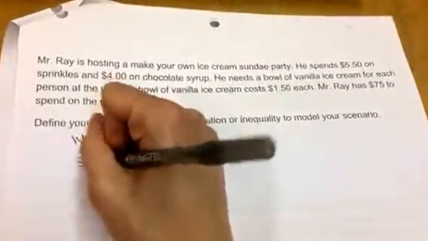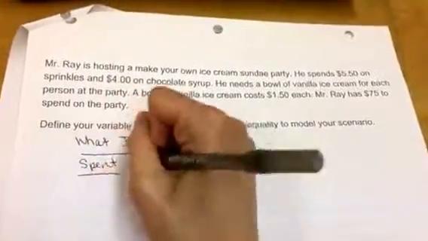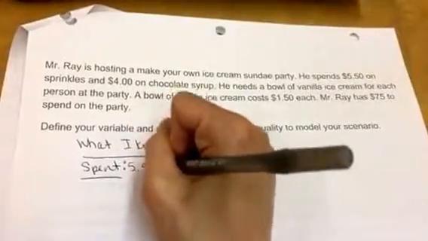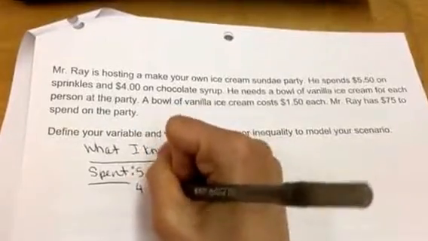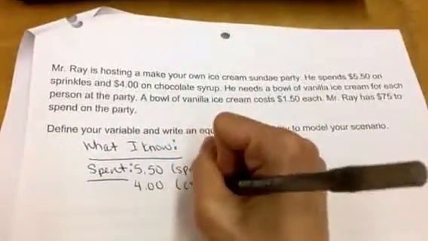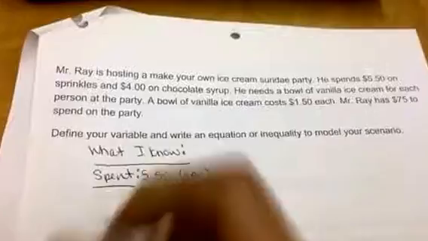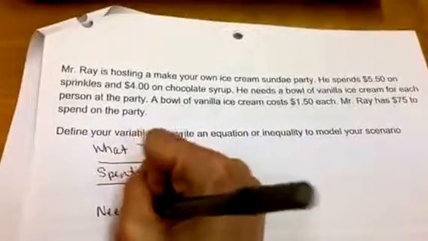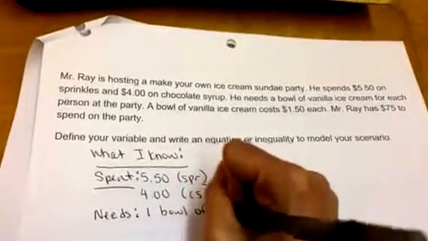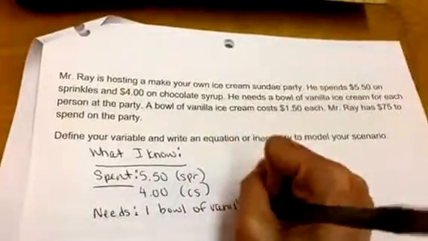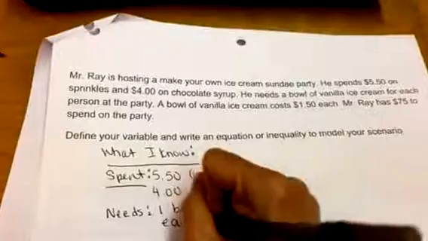So he spent already $5.50 on sprinkles, and he spent $4 on the chocolate syrup. I know that he needs 1 bowl of vanilla for each person at the party.